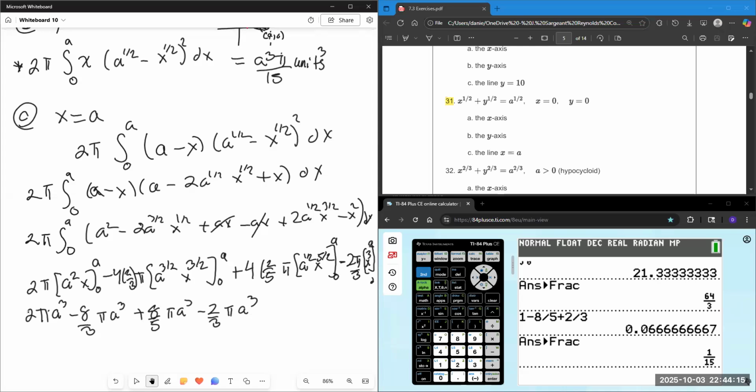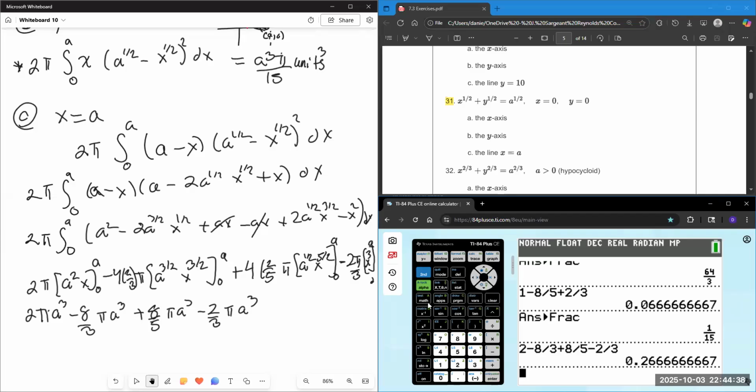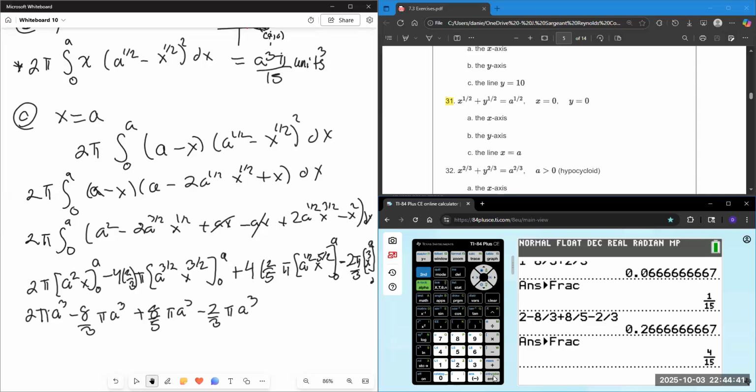Let's just check here. 2 minus 8/3 plus 8/5 minus 2/3. Math, answer to fraction is 4/15 cubic units. And that's it for that problem.